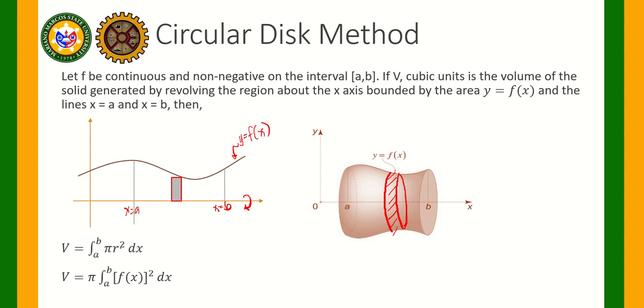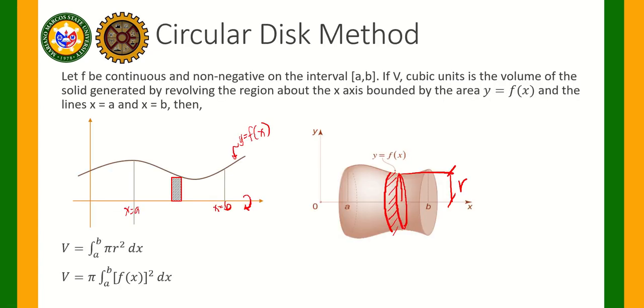Okay? So, pi r squared dx, limits from a to b. And since constant yung pi natin, we can isolate that one. And si r natin, okay. So, this is our r. Ito yung r natin.